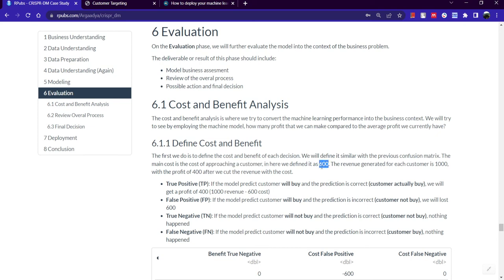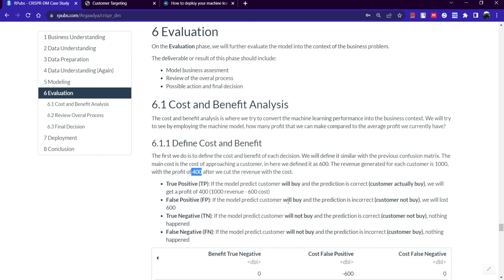They have to spend this amount. The revenue generated in case they succeeded, where the customer has actually ended up purchasing the product, is 1000. In this case, the profit is 1000 minus 600, which is going to be 400 after we cut the revenue with the cost.